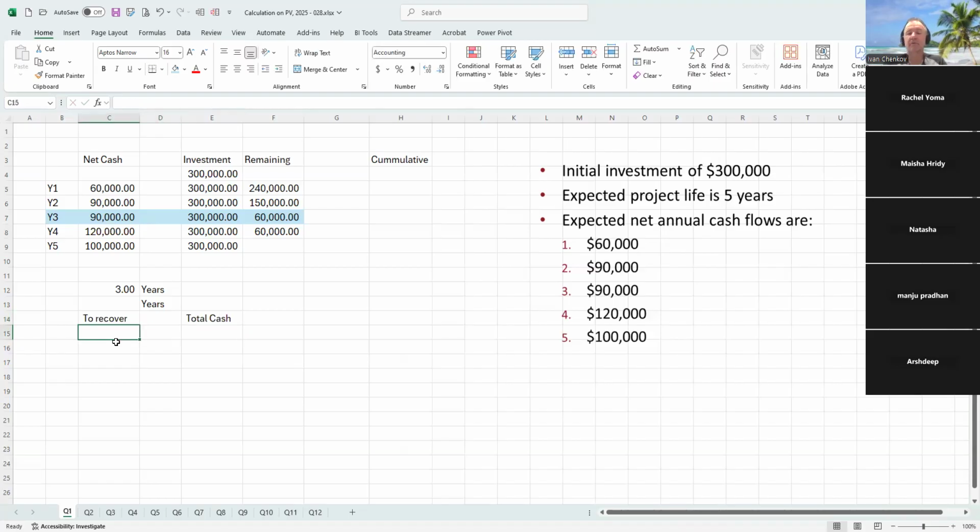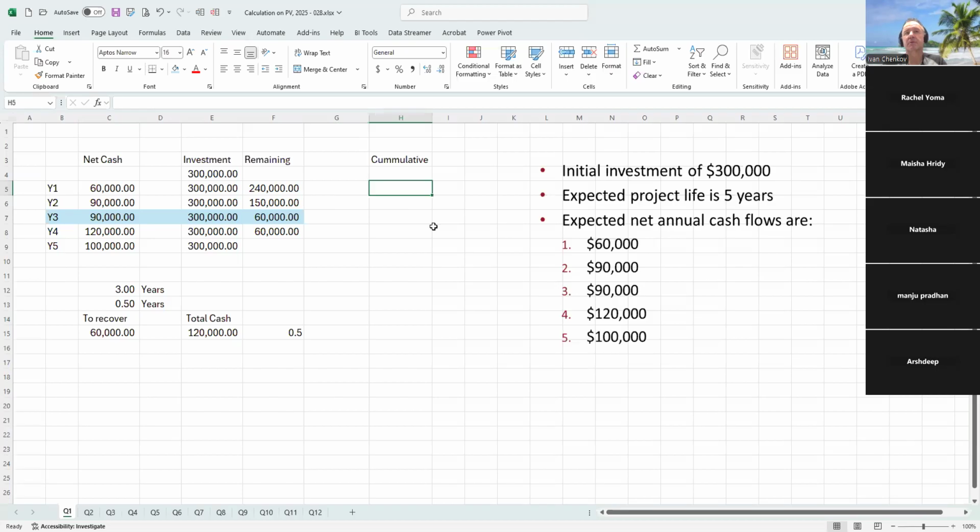So we need to recover 60,000, and in year 4 we're getting 120. So for how long are we going to recover that? Simply, we take what we need to recover divided by the total cash that we're getting. And then we get the fraction of the period after the 3 full years. And that's how we're getting the 3.5 years.